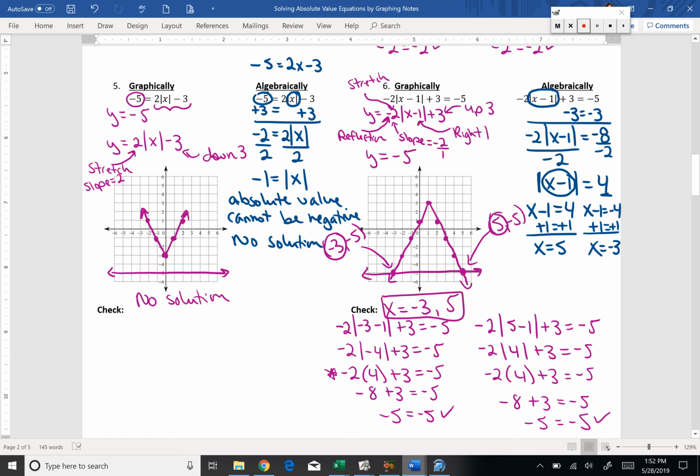Once you see the absolute value bars, in order to solve, get those bars all by themselves. So do any adding or subtracting, any multiplying, dividing you need to do. Once you have the bars by themselves, you need your positive case, you need your negative case. Solve each one. Make sure you check.